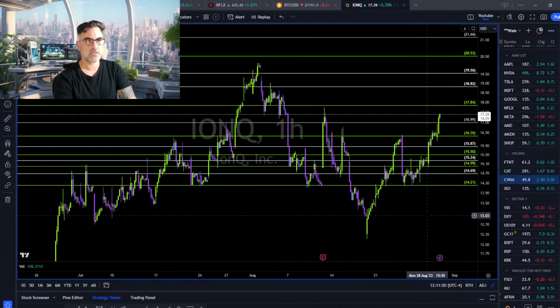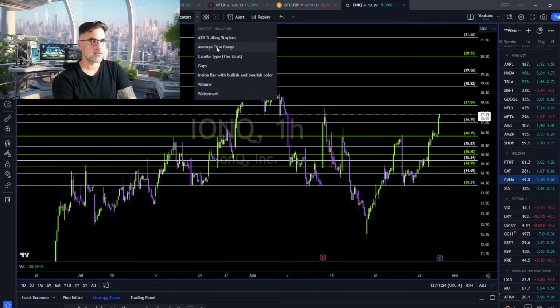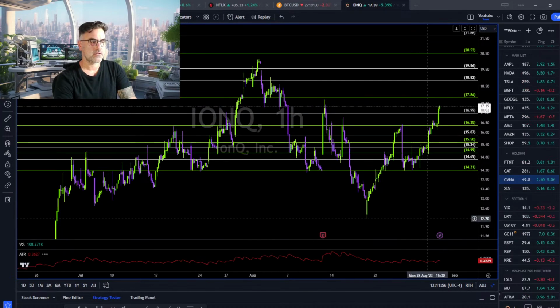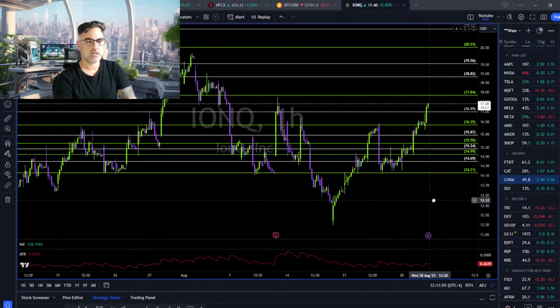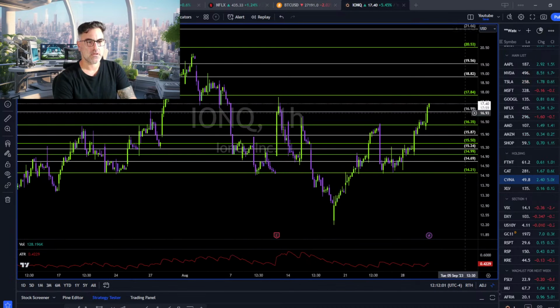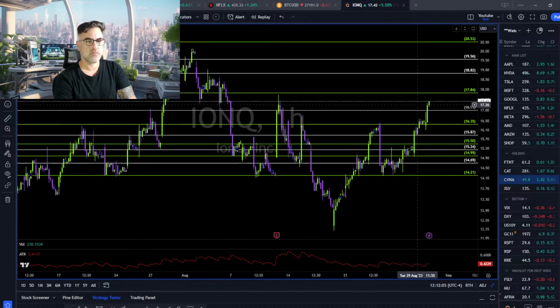Our support should be just below 1690. You can also use ATR as another confirmation to put your stop loss. If you went now, your stop loss should be the price minus the ATR. ATR now is at 0.4243, below 17, just below the Fibonacci.